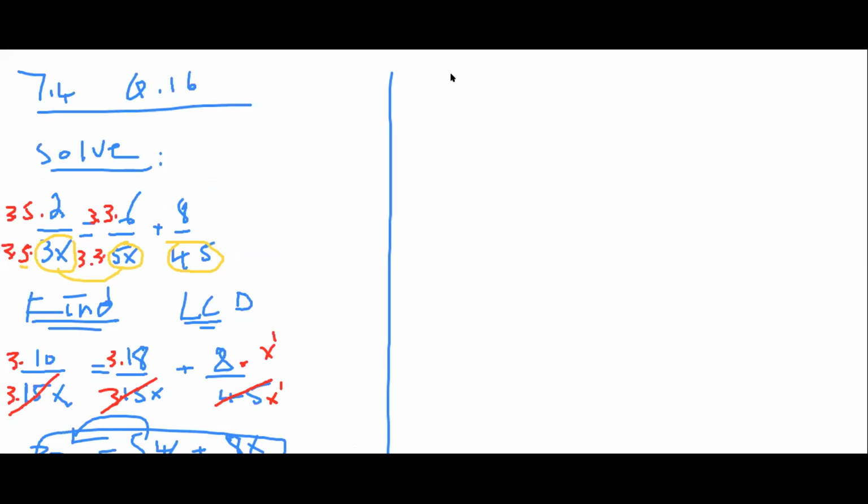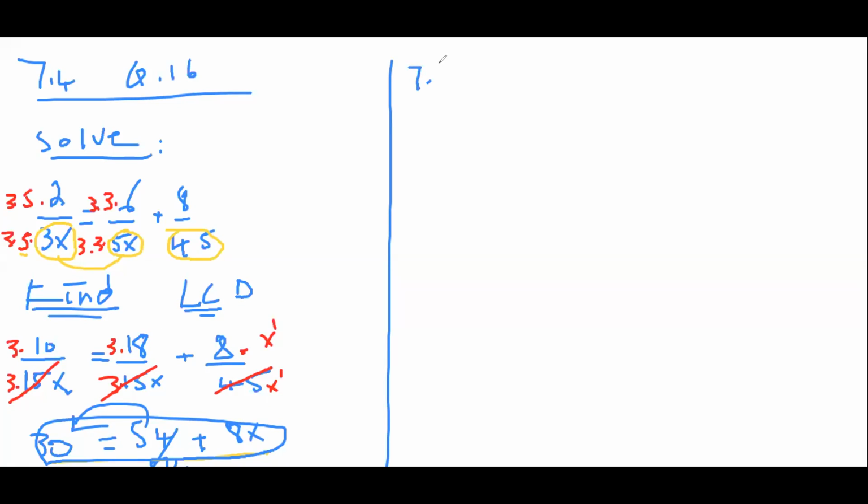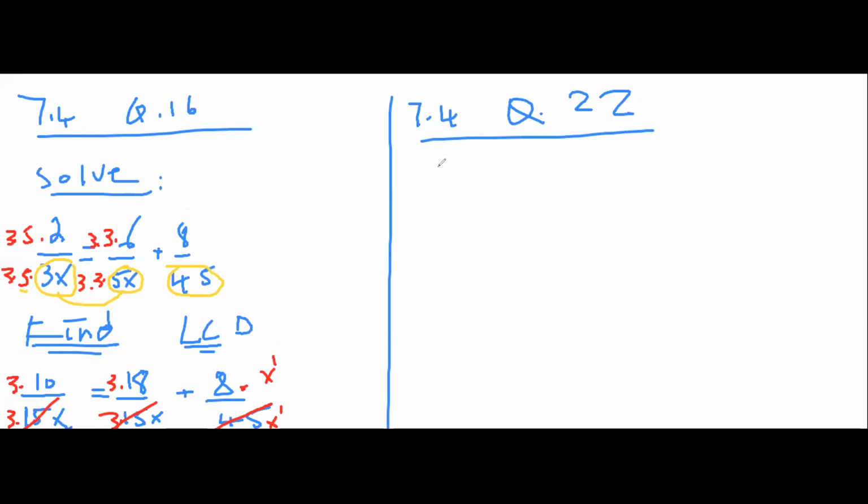Okay, so this will be 7.4, and the question is 22. Same question we need to solve. So 5x minus 8 over x plus 2.